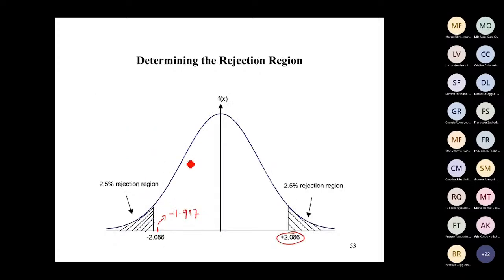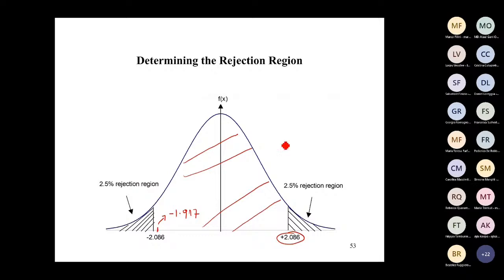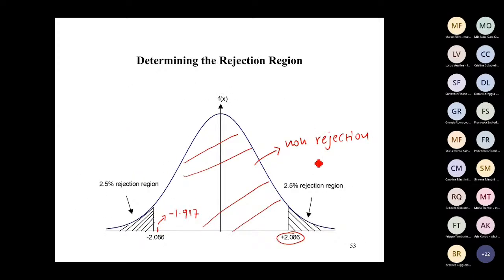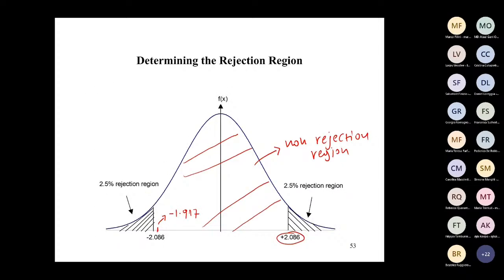All this region is what region? This is the non-rejection region.